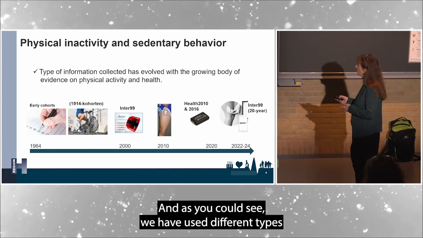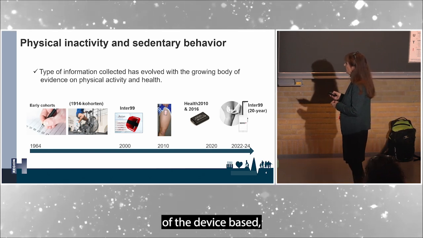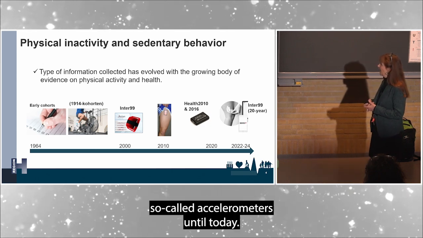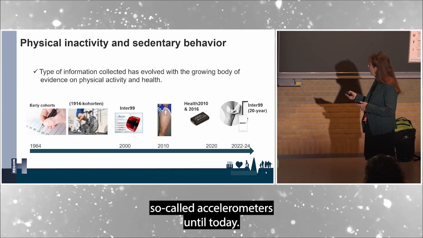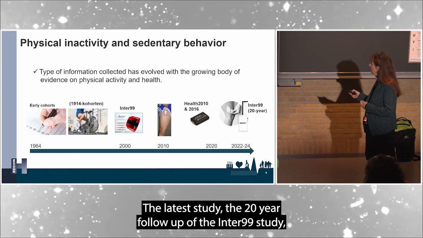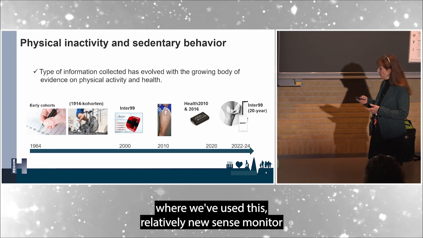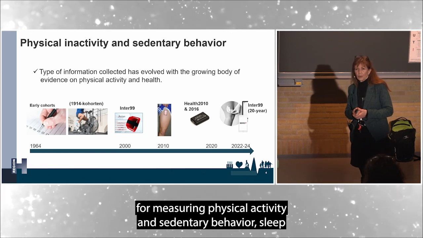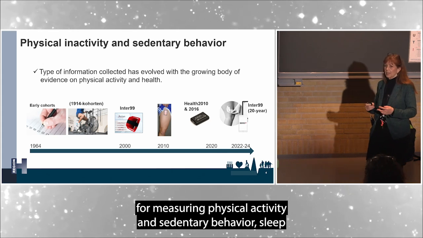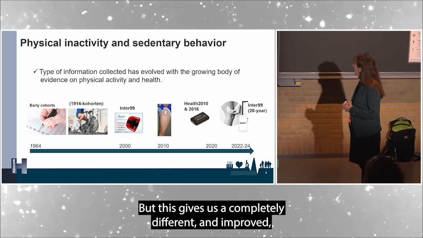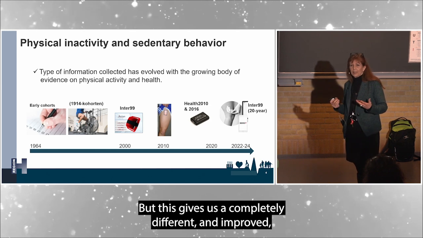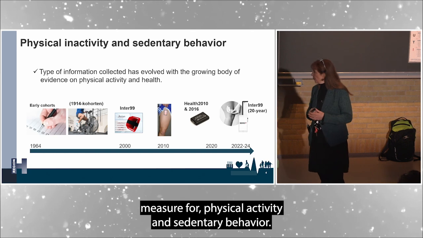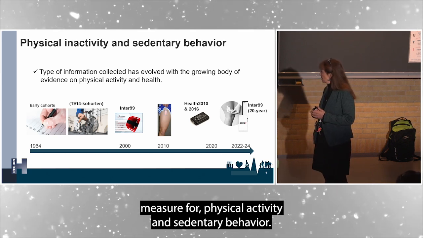And as you could see, we have used different types of device-based measurements, so-called accelerometers, until today, the latest study, the 20-year follow-up of the Inter 99 study, where we've used this relatively new SENSE monitor for measuring physical activity and sedentary behavior, sleep, and so on. But this gives us a completely different and improved measure for physical activity and sedentary behavior.